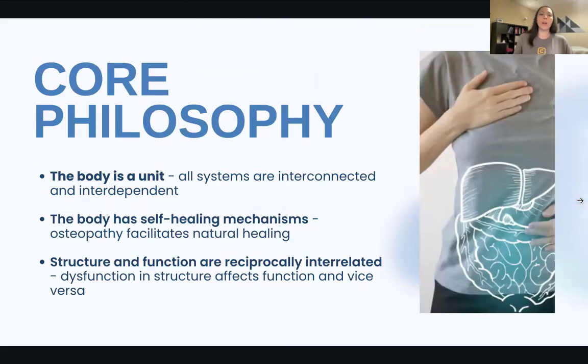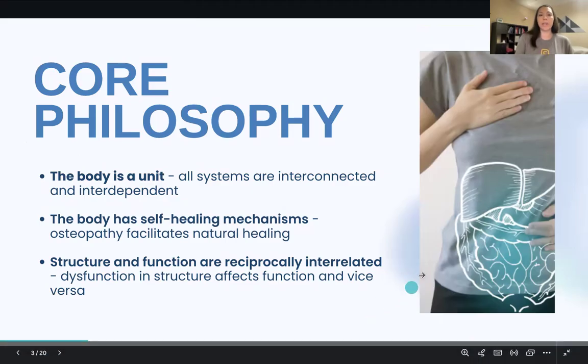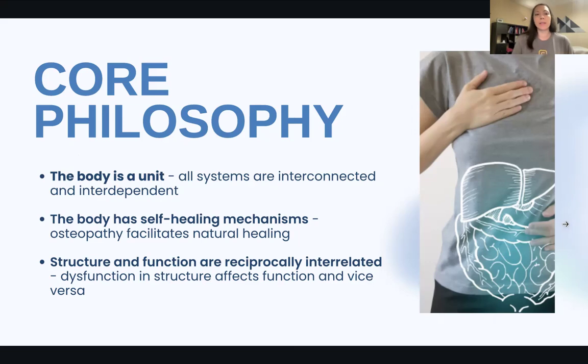So the core philosophy is that the body is a unit and the systems are interconnected and interdependent. It's kind of like if you have a car and if one wheel falls off the car, then the functionality of the car is going to be impacted. Same thing is if there's something else going on with the car, then it might impact how the wheels are turning.